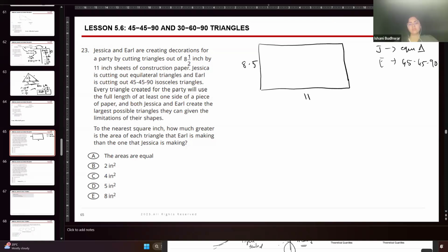Now, whose area is greater and by how much? Earl is making versus Jessica. So by how much is the area more? For the two largest triangles which would fit respectively into each of their sheets.